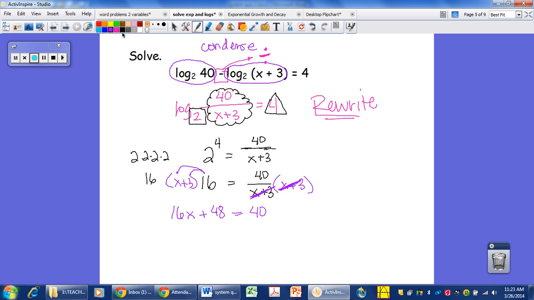And now I have a nice linear equation that I'd like to solve. So subtract 48 from both sides. 16x equals negative 8. Dividing both sides by 16 gives me an x value of negative 1/2.